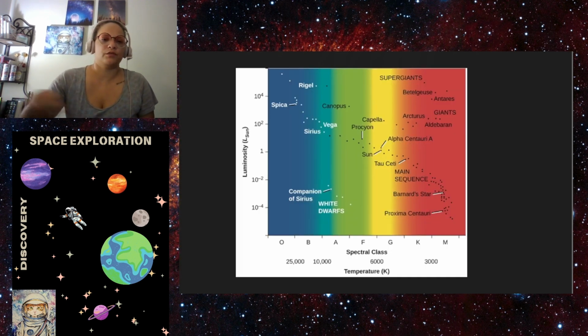Okay, so right here you can see the visible spectrum, and lying on it is the main sequence, and then some stars that we know, like Betelgeuse is a red giant, and then white dwarfs down at the bottom. And as you can see on that image, the sun falls right in that yellow category.